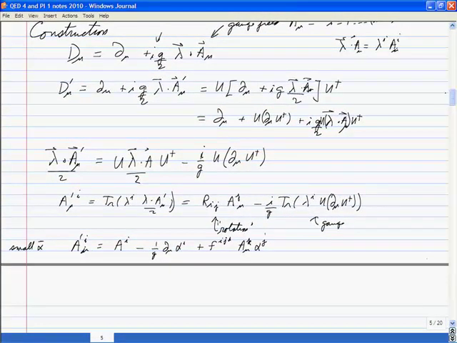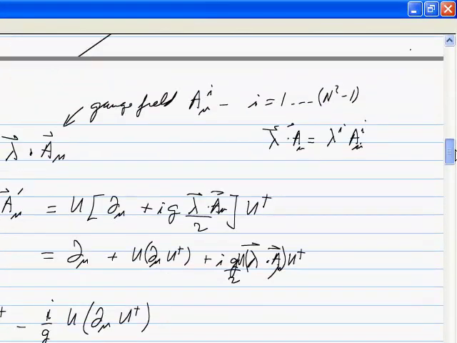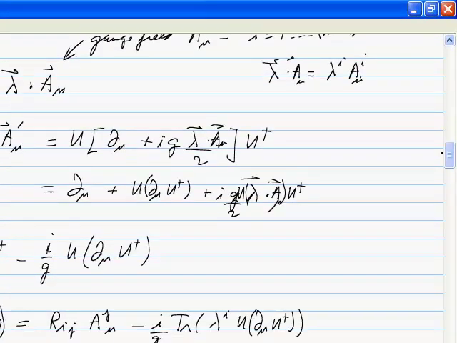I have proofs about how various things are Hermitian like they should be, but I don't think I'll go through that. So here's our generalized gauge transformation, whichever version of these you prefer.